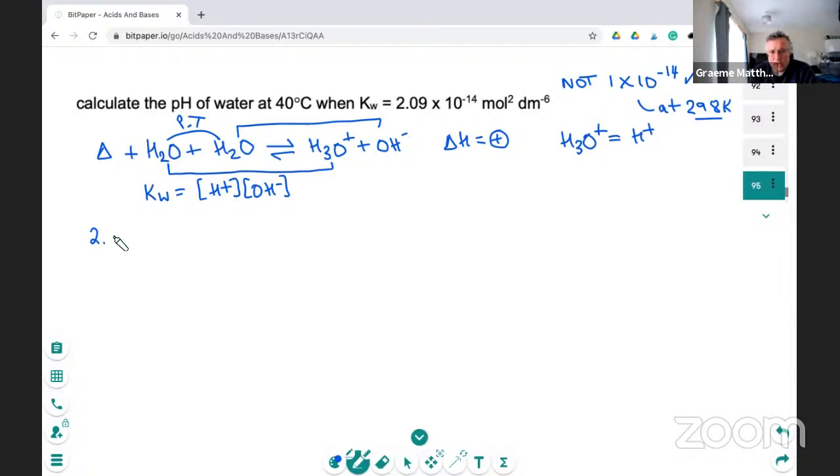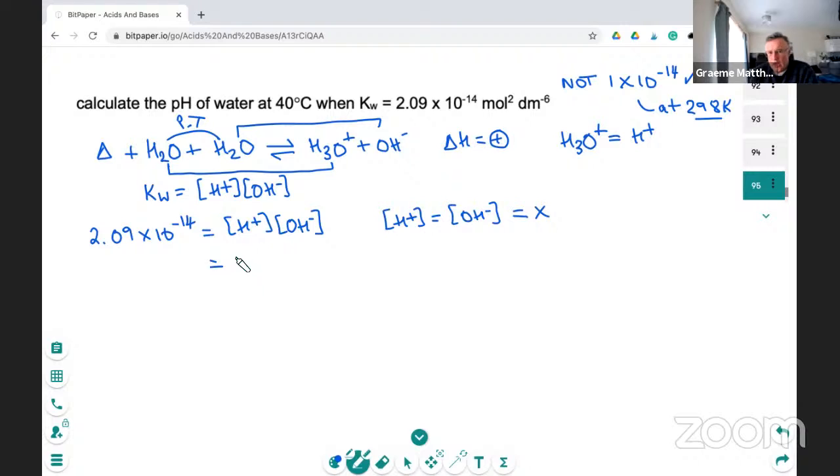So we got 2.09 times 10 to the minus 14 is equal to H plus times OH minus. Now, chemists, I've seen this in a lot of mark schemes. I don't really agree with it, but all of a sudden they call this X squared. What they should say is the H plus concentration is equal to the hydroxide ion concentration, which is equal to X, because it's the same.